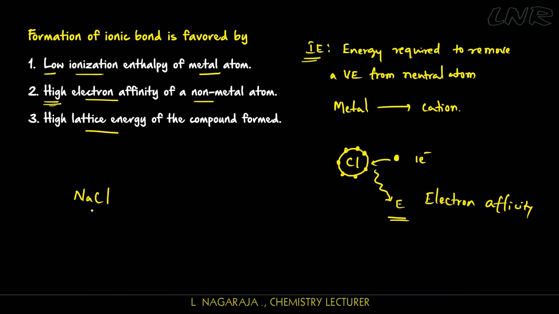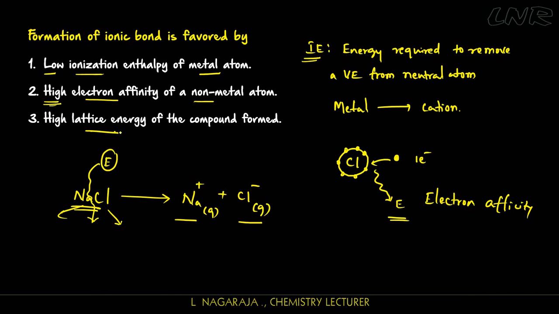The amount of energy required to separate this sodium chloride into Na plus gas and Cl minus gas, that is, to separate 1 mole of an ionic compound into its gaseous ions, is called lattice energy.